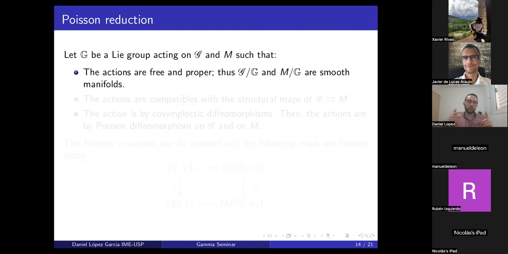When you have a Lie groupoid, you can consider another groupoid acting on it. But I just want to consider a Lie group acting on the arrows and on the objects.